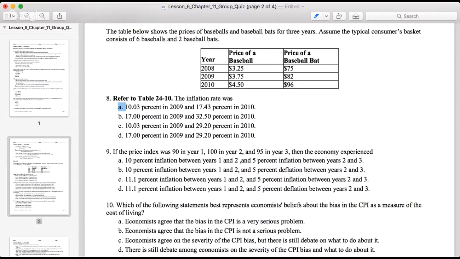But which one did you consider as year one? I considered 2008 year 1 and 2009 year 2. So what did you get for CPI in year 2, sweetie? 186.50.